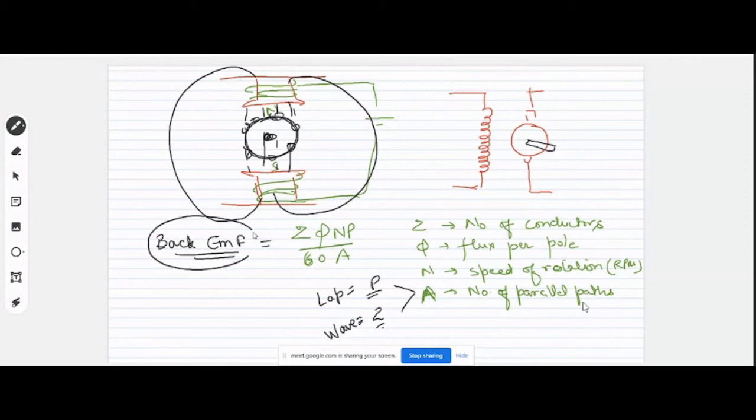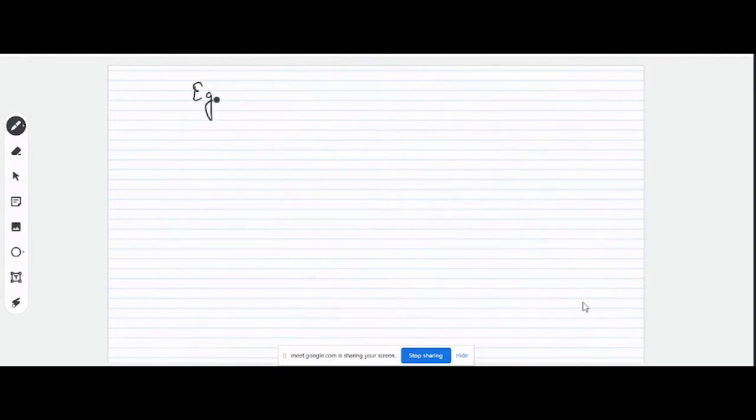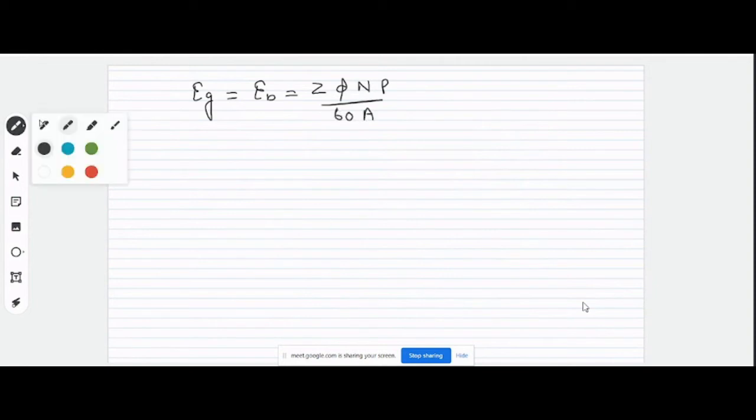This back EMF, which can be written as EB, is equal to EG, from the expression EG equals EB equals Z phi NP over 60A. You could have read during your machines course that these factors remain constant once the motor is designed or manufactured.